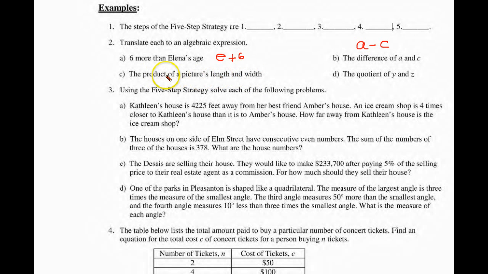Well, as you look at this, what I see here is area equals length times width. That would be the product of a picture's length, there's your length, and width. And they may not be asking that that is area, maybe only LW.